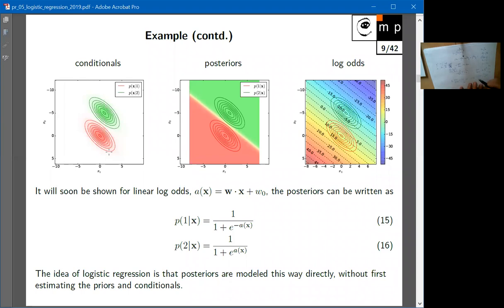So it takes this particular form. And that comes just from getting rid of the logarithm and taking into account that these two things have to sum up to 1.